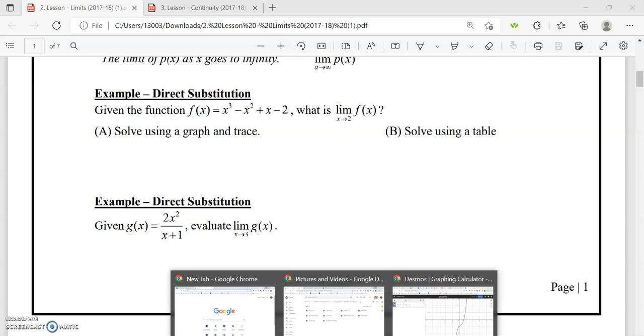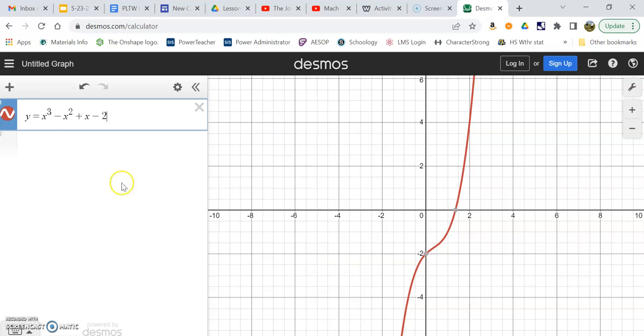Here's my graph, x cubed, x squared, and all that. I don't necessarily care that 2 is defined. If I can get it to exactly 2, there it is, so it does exist. 2, 4 does exist, but the question's not directly asking that.